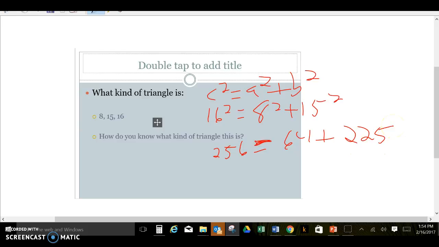And then when I write that out, you get 256, and on the right side you get 289. Well, obviously the left side is smaller than the right side. So when c squared is less than a squared plus b squared, we get a triangle now that is an acute triangle.